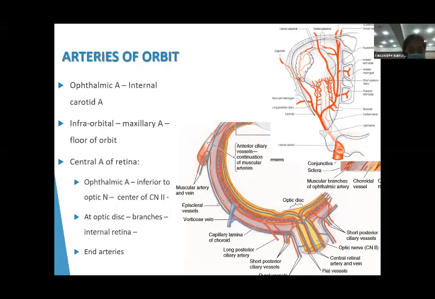Then we have the ciliary ganglion, which lies inside the orbit and is for the supply of the eye structures inside the orbit. And the fourth is the submandibular ganglion, for the supply of the two remaining salivary glands, the submandibular and sublingual glands. So we have 4 ganglia. Today we do the ciliary ganglion.